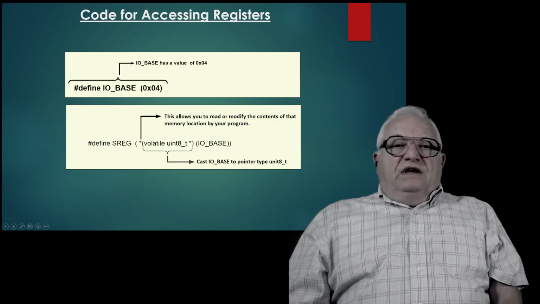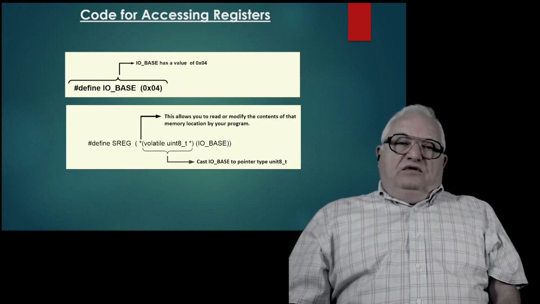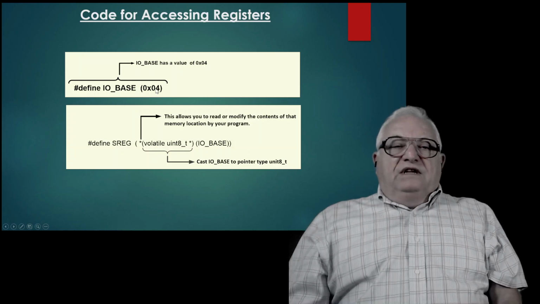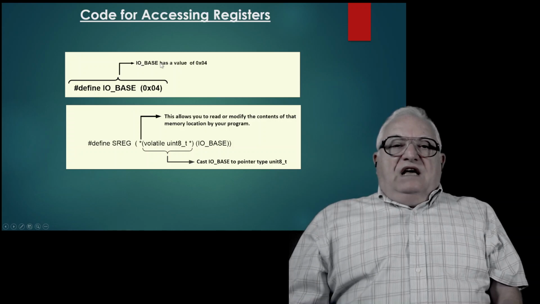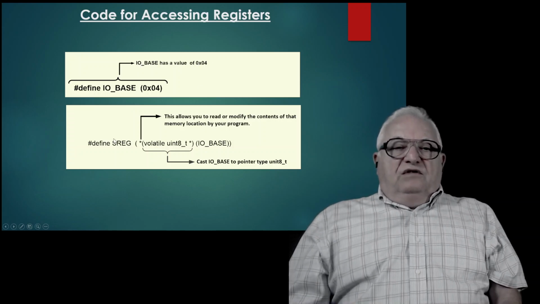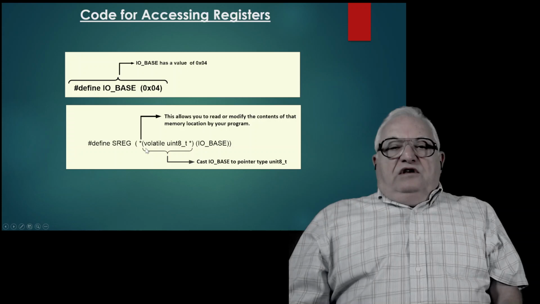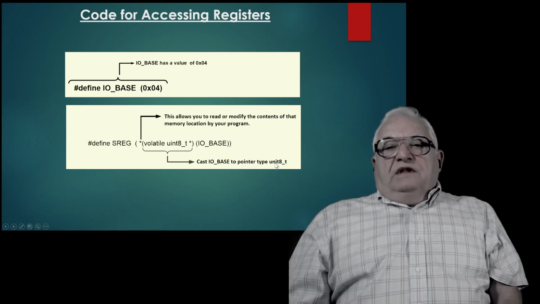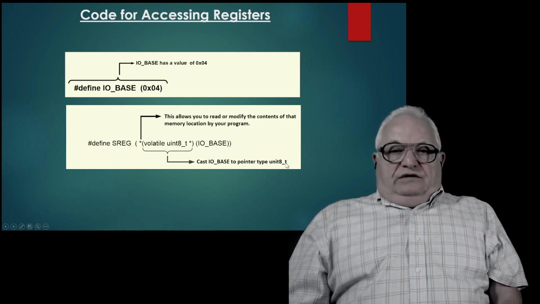So let's try a different view to clarify this a little bit. As I noted, this first statement means IO base has a value of 04. Now let's look at the second statement. This portion here, the volatile uint8_t, casts IO base as a pointer of type unsigned integer.